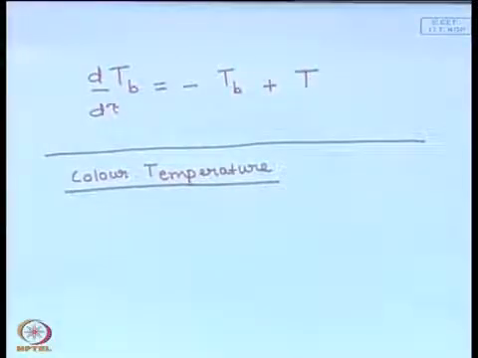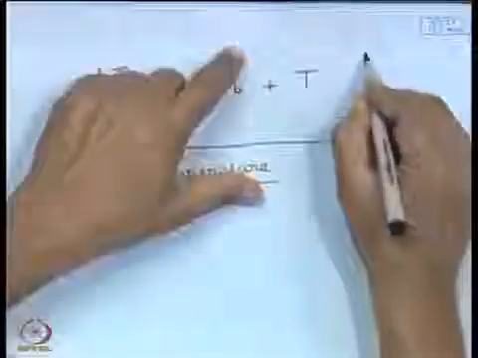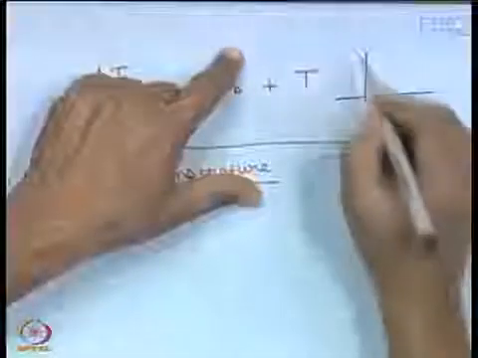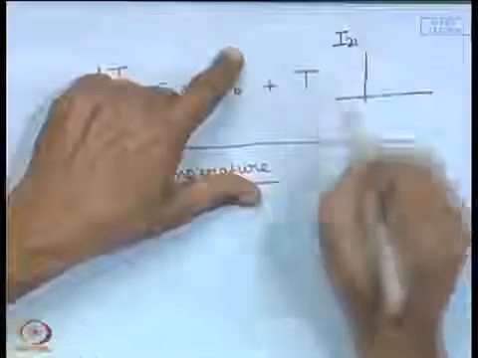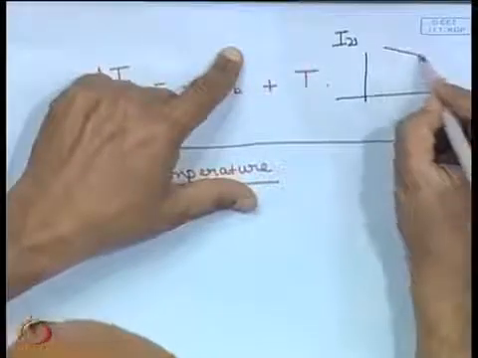Now, just before finishing this, the brightness temperature is used for any arbitrary radiation. I just equate it to the Planck spectrum at that value and find the temperature. So, let us consider a hypothetical situation where I measure I nu from some source which looks like this.